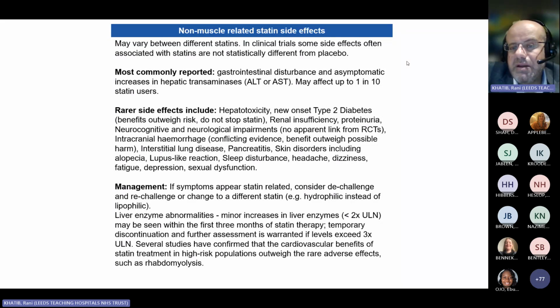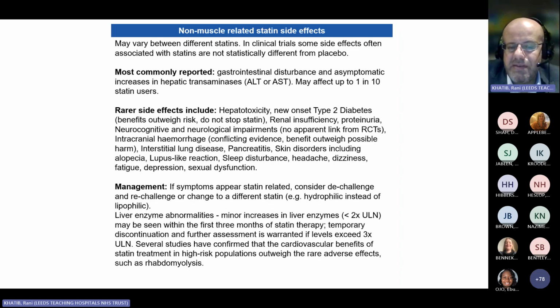I know you're probably not going to come across them a lot, but the GI side effects and the type 2 diabetes concern might be there. And for type 2 diabetes generally, I'll detail it later on, the benefits definitely outweigh the risk, and I'll explain why in a second. The other issue relates to, for example, liver enzymes; people tend to be concerned about it. The liver enzymes get elevated, especially the transaminases.